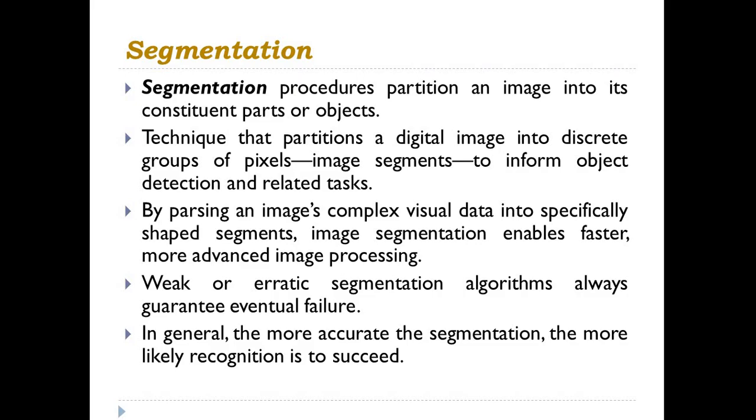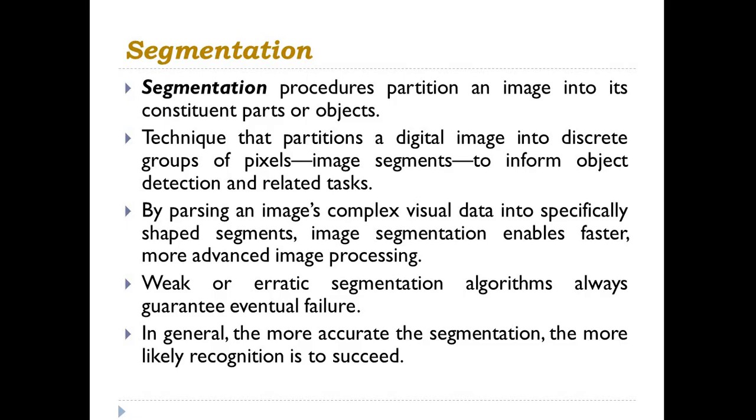Now let us move to the next one, segmentation. Segmentation is partitioning an image into its constituent parts or objects. This technique partitions a digital image into discrete groups of pixels, image segments, to inform object detection and related tasks.